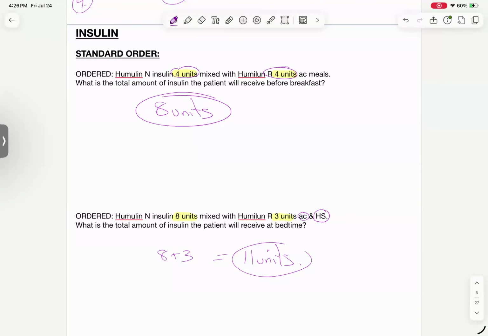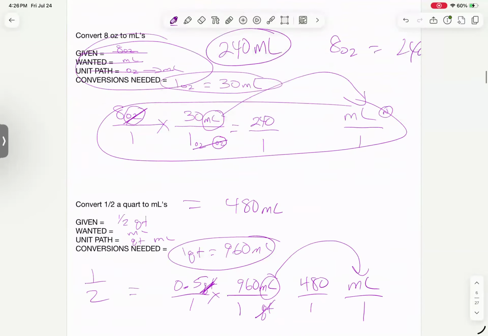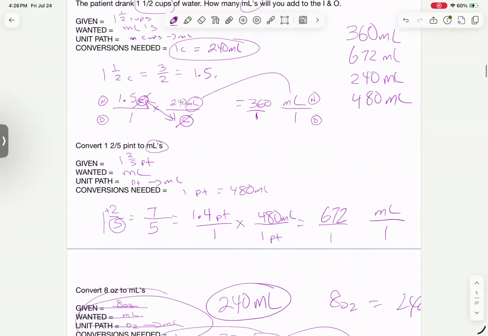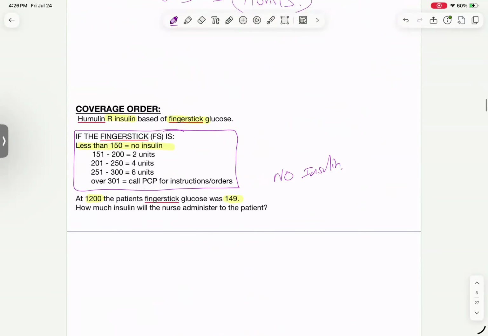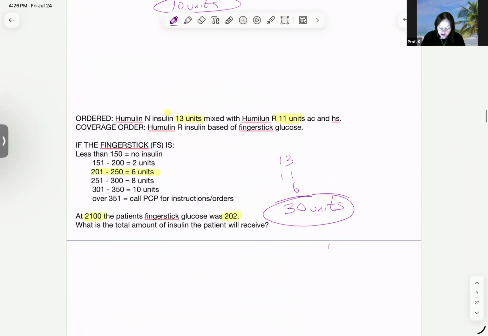I think she means like the less than 200, you give nothing. Oh, that's the sliding scale, that's coverage. Yes, it'll be put on there. If there's coverage, it'll be provided for you in the question. Okay, just wanted to make sure. Thank you. If there's a coverage order, you will see something very familiar.